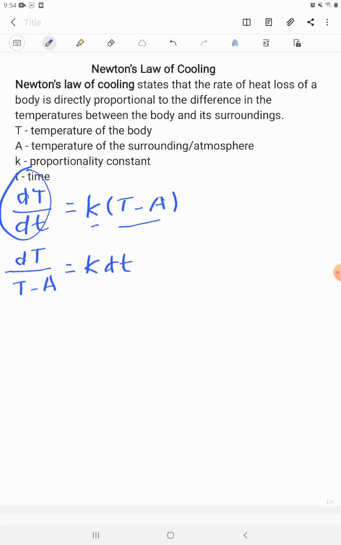Okay. So we have now separated the variables. What is the next step? The next step is integration or anti-differentiation.